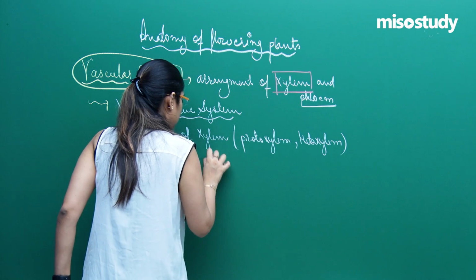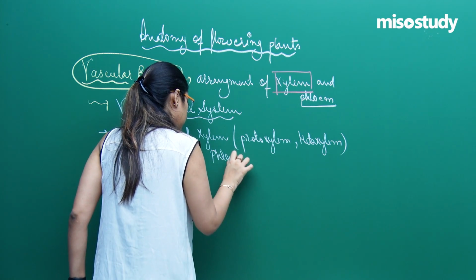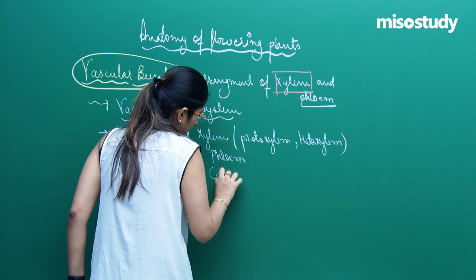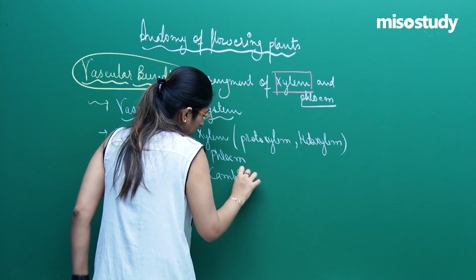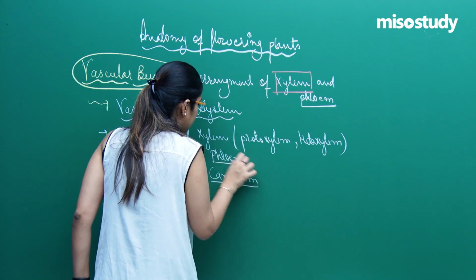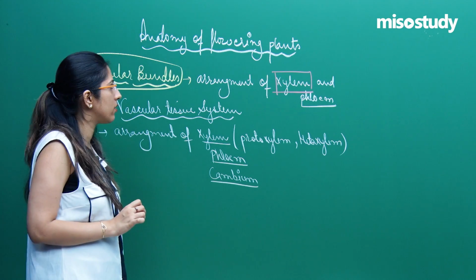Similarly, phloem, and similarly cambium. So we will be talking about how these different types of vascular tissues are arranged.